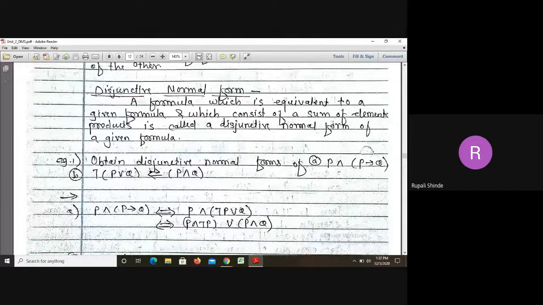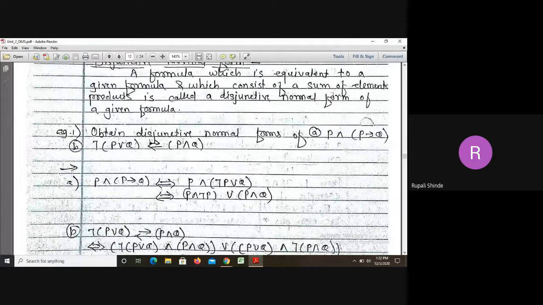Look at this formula, P and (P conditional Q). First of all, we have to remove this conditional. We can replace this conditional by its equivalent form, negation P or Q. So that form is written here: P and (negation P or Q). Now we can apply the distributive law. How? (P and negation P) or (P and Q).